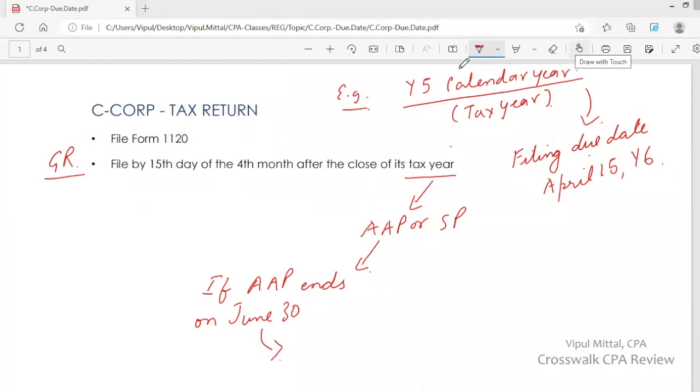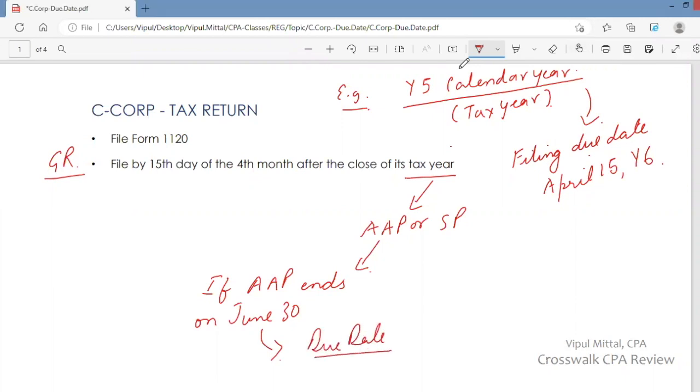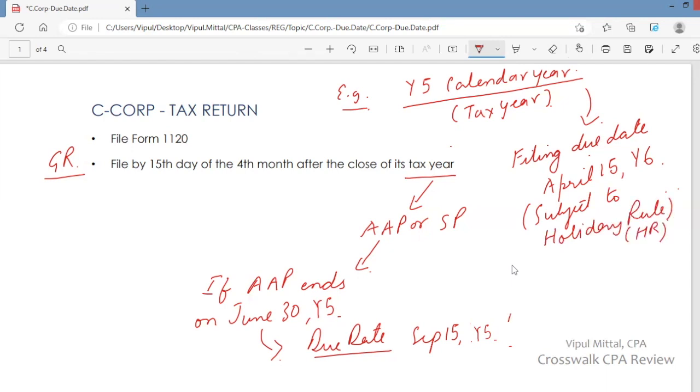So the due date is not October 15th, not the 15th day of the fourth month, but the 15th day of the third month. The due date in such a case is September 15th. These due dates are subject to the holiday rule.